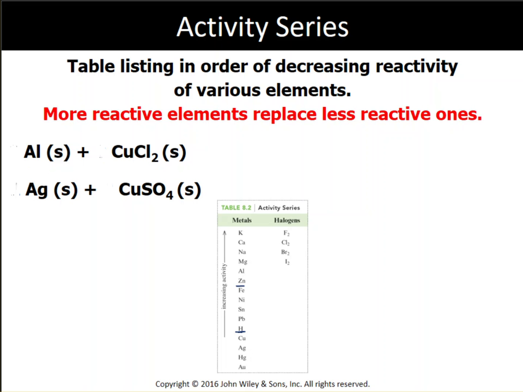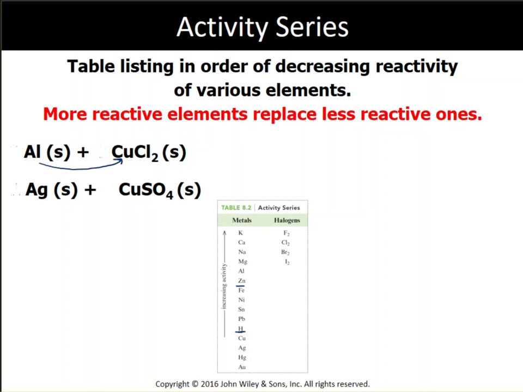Single displacement means that aluminum would want to replace copper. But before I write the product, I want to check the reactivity or activity series to see if aluminum is in fact more reactive than copper or not.